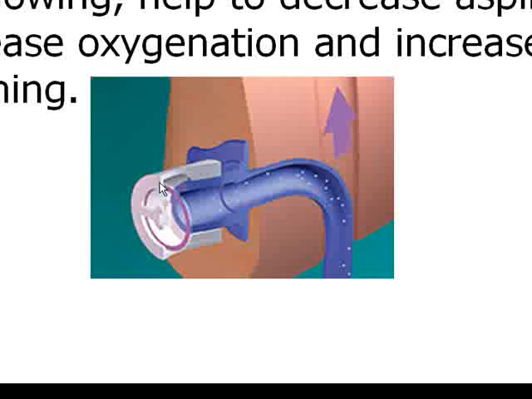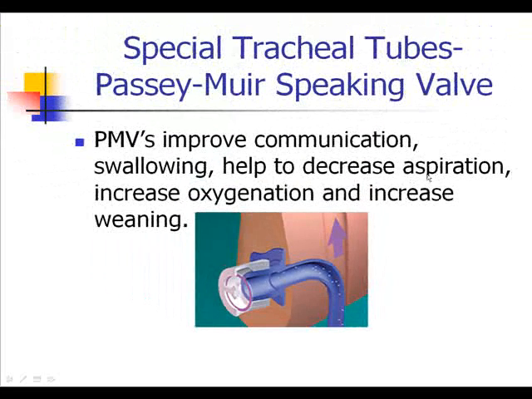It's a one-way valve, which basically allows the patient to breathe in, but then air is forced out upward over the vocal cords, which allows the person to speak. So it improves communication, swallowing, helps to decrease aspiration, and in some ways increases oxygenation and helps with the weaning process.